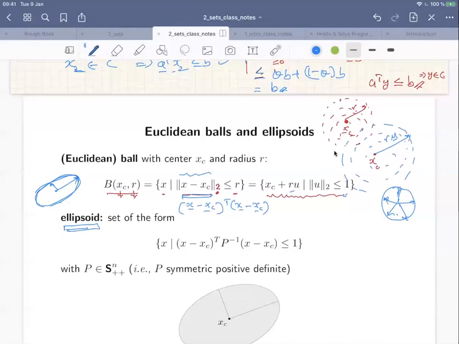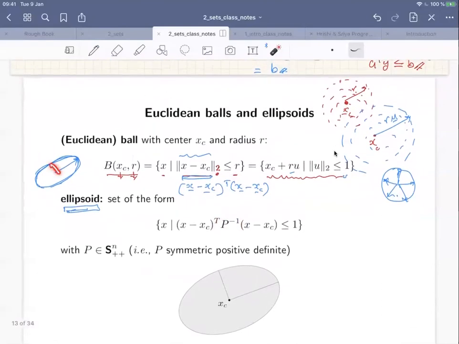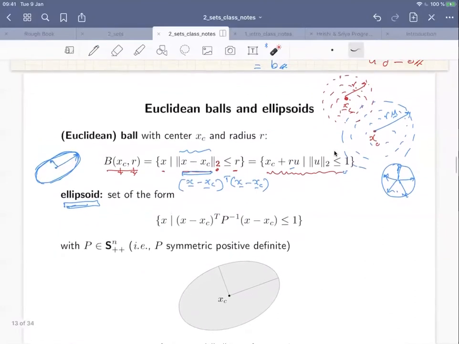So how do we define an ellipsoid? Again, the definition is similar, but in here we had (x minus xc) transpose (x minus xc). Instead of that, we plug in a matrix P inverse. Why? Because we have to introduce this difference in length.